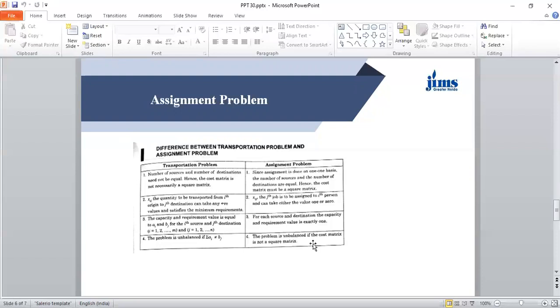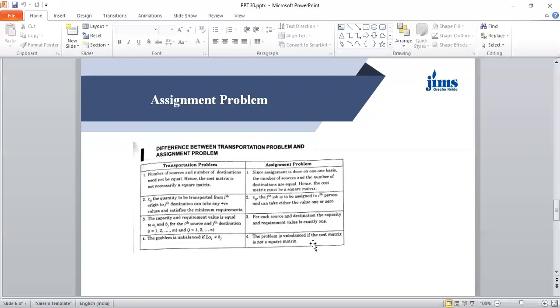The problem is unbalanced if the sum of Ai is not equal to the sum of Bj in transportation. And in the assignment problem, it is unbalanced only when the cost matrix is not a square matrix.